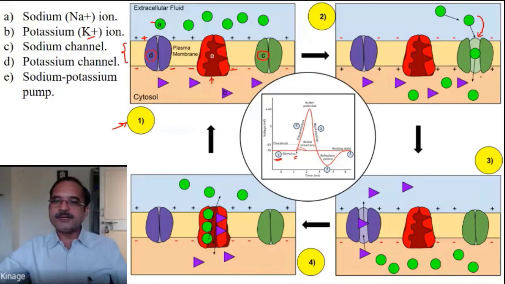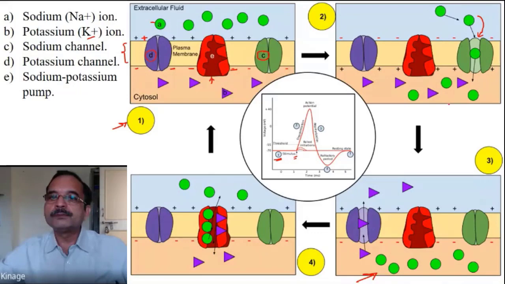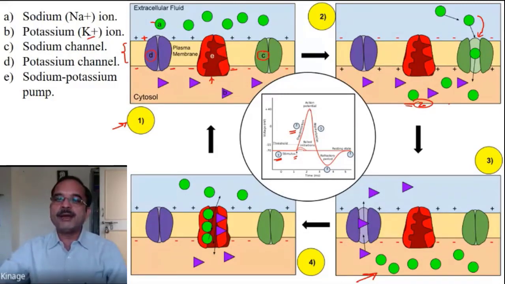So the overall positive charge inside the cell increases. This is point number 2, where the depolarization is happening. The charge becomes more and more positive, and it reaches the peak here.